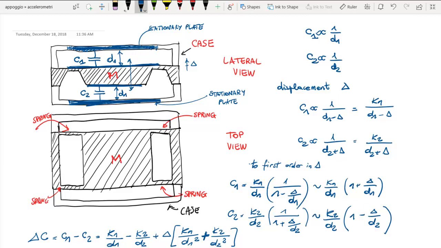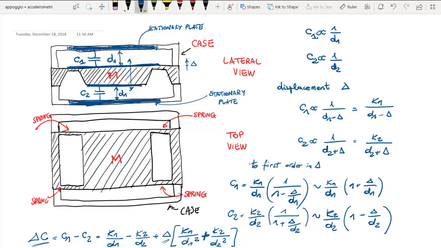If we make the first quantity equal to 0, and this is, of course, due to the fact that we can adjust K1 and K2 in the design phase in order to make it equal to 0, then you see that the variation of capacitance is exactly proportional to the displacement.